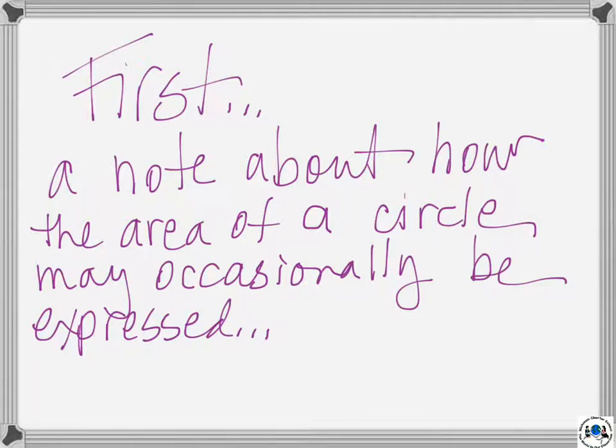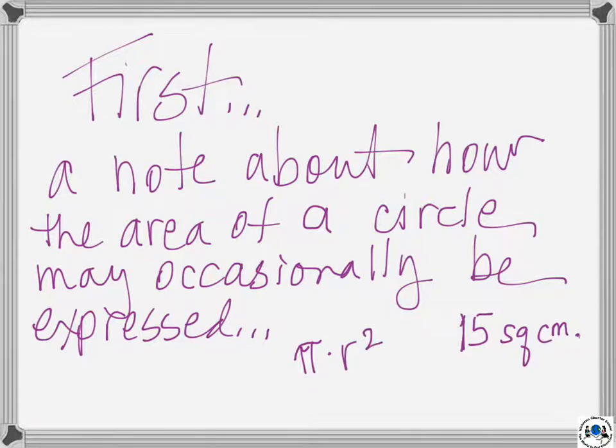But what I noticed when they were denoting or expressing the area of a circle, sometimes an area of a circle will be, for example, if you had a circle, let's say it ended up to be 15 square centimeters. Now this 15 square centimeters, of course, was the product of pi times r squared.